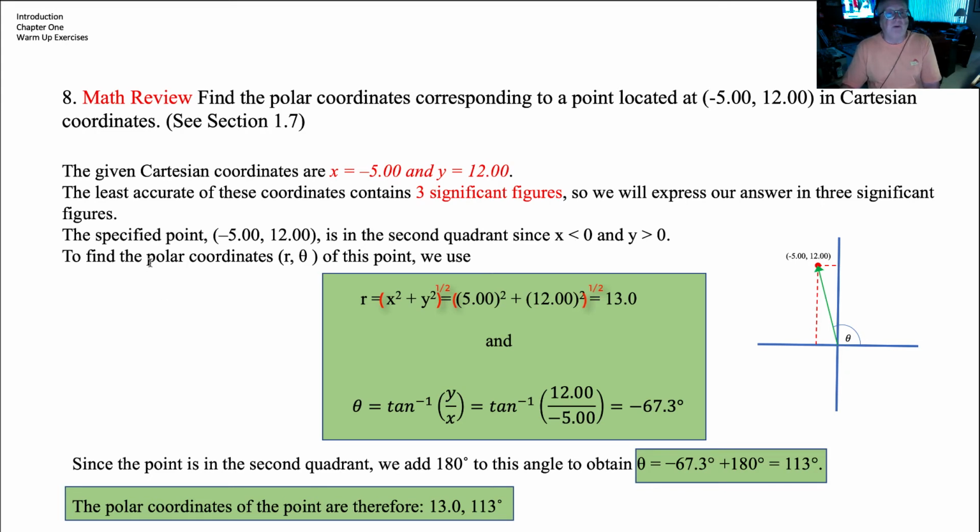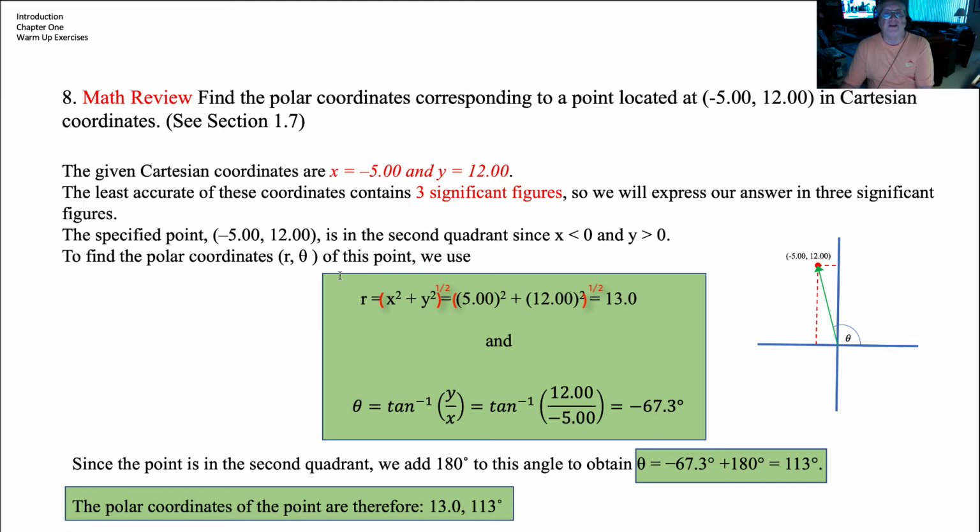To find the polar coordinates, r for radius and the angle theta of this point, we have to use 2 mathematical expressions. The first expression is part of the Pythagorean theorem. And it merely says that the radius, which will become our vector that we're going to use later on, is squaring the x term, adding it to the square of the y term, and then coming up with a value of 13.